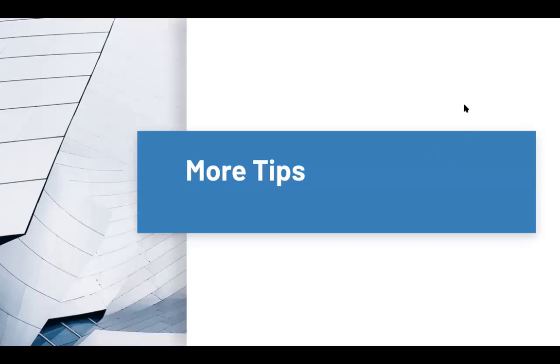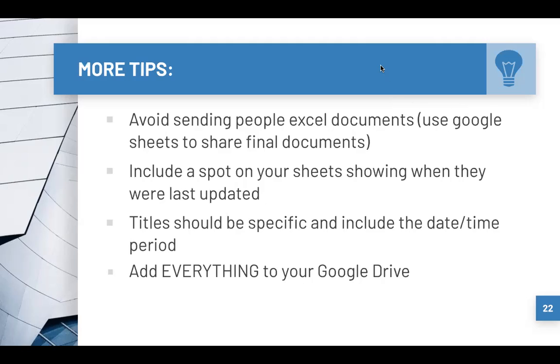For some more tips, you want to avoid sending people Excel documents. Google Sheets is better to share final documents because it's on the internet, so it's easier to share.